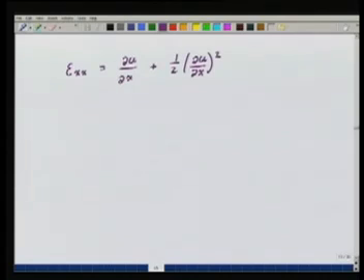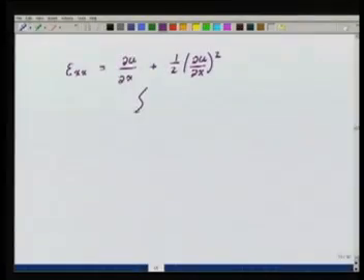Let's say we use the standard strain energy expression, then minimization of the total potential energy. This can be put in the expression for the total potential energy pi, which will be in terms of u minus v for the bar problem.